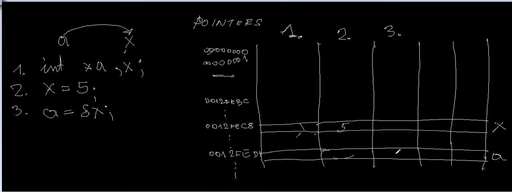This was the place for a, this is the third line. So here we have the address of x. This is x and the address of x is 0012FEC8. So here we have 0012FEC8.